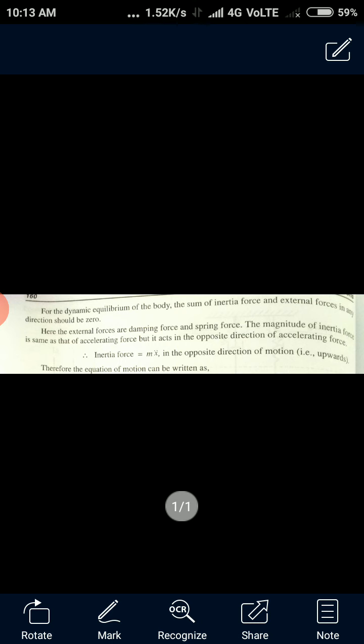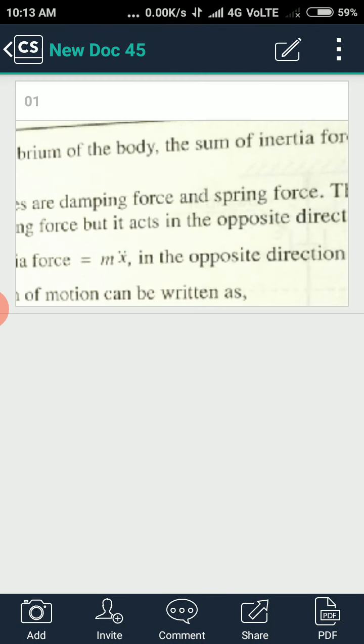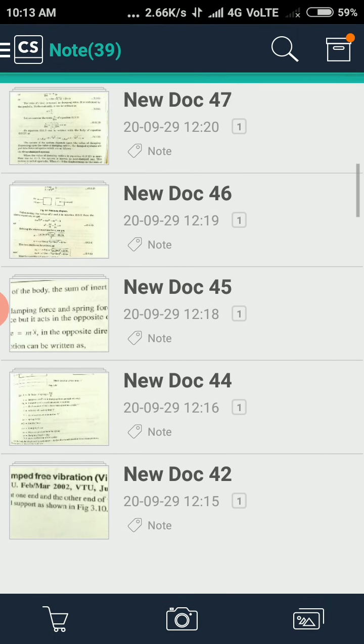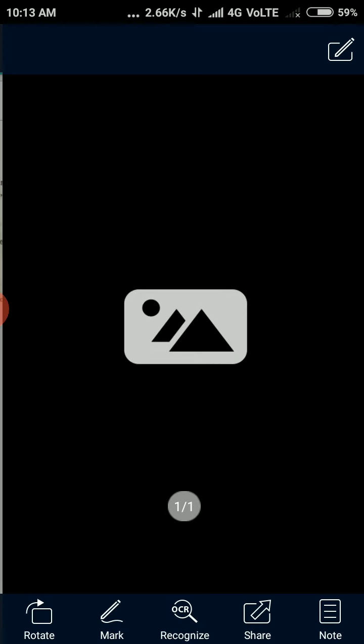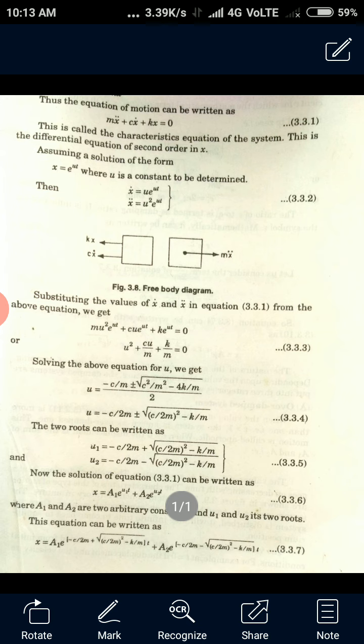Therefore the equation of motion of the system can be written as mx double dot plus cx dot plus kx equal to 0. mx double dot is the inertia force, cx dot is the damping force, and kx is the spring force.